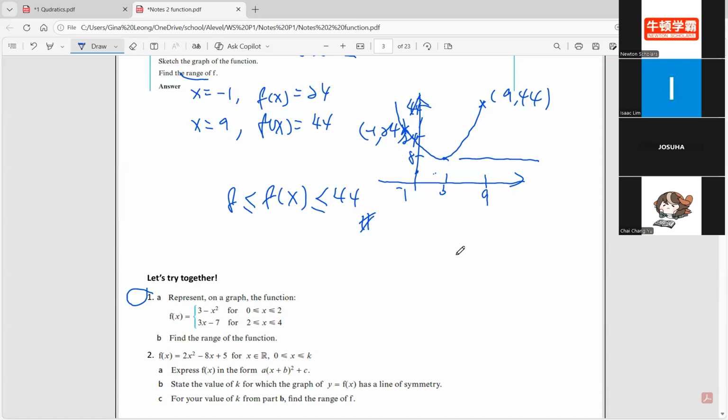And then when x equals 4, your y value, your point is put wrongly.